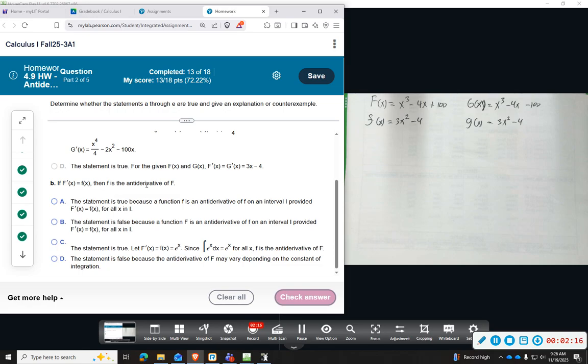Then f is the antiderivative of f? No, that won't be right. That would be the derivative. The statement is false because the antiderivative of f may vary. The statement is false because the function F is an antiderivative of little f on the interval, provided that is true. So B is the one that's going to follow based on the definition.